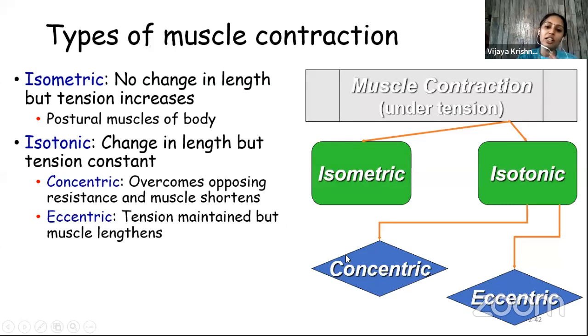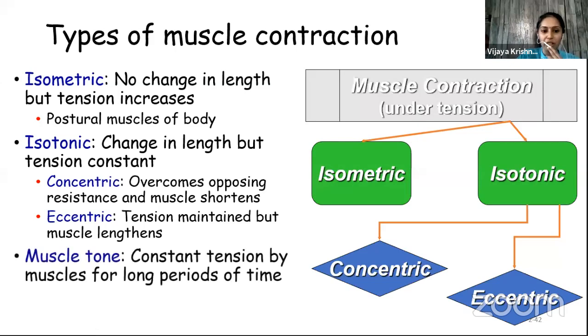In concentric muscle contraction, the force overcomes the resistance and the muscle shortens. In an eccentric contraction, the tension is maintained, but the muscle lengthens. So these are the two types of muscle contractions, and muscles are classified according to how they contract. Muscle tone means constant tension by the muscle for a longer period of time.